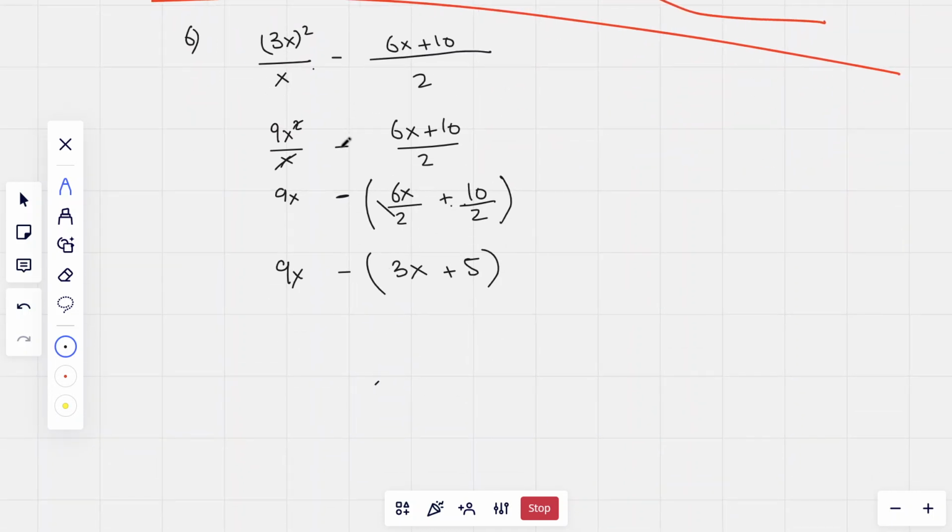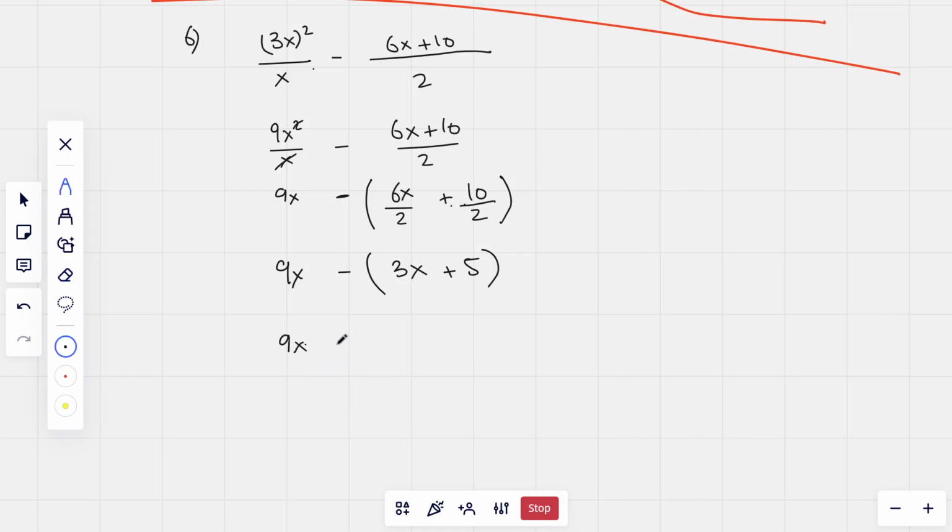Because this negative is going to change the positive sign when we break the fraction into two parts. It is important that when you're breaking down one big fraction into two smaller components, you put in a bracket so that the signs outside are taken care of. You don't end up making a mistake.